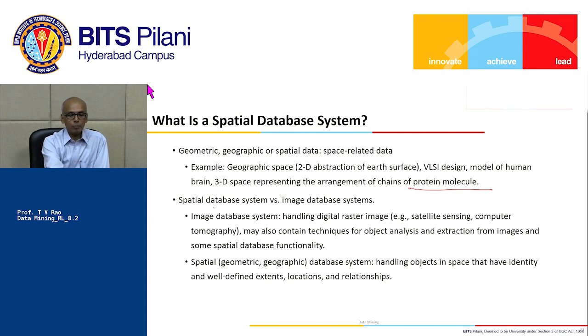If you compare a spatial database with an image database, the image database comes from satellite sensing or computer tomography or such techniques, and then we extract the images. But if it is spatial, we generally have an association with geometry and geography, and we have well-defined extents, locations, and relationships that constitute the spatial data.